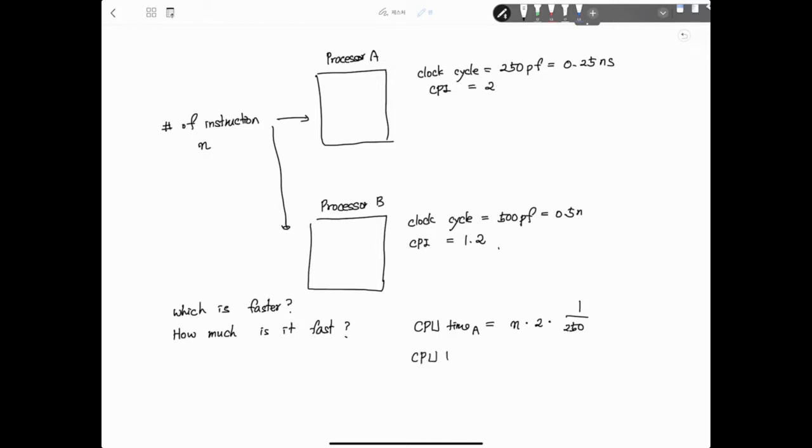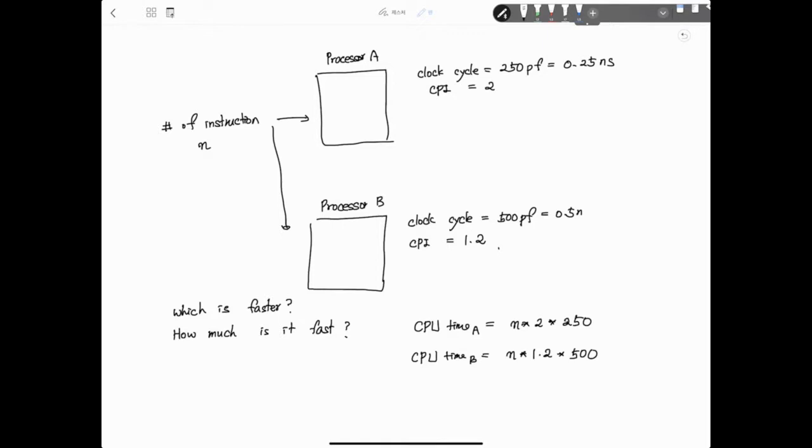For B, it is the same n, and CPI is 1.2, and the clock cycle is 500.